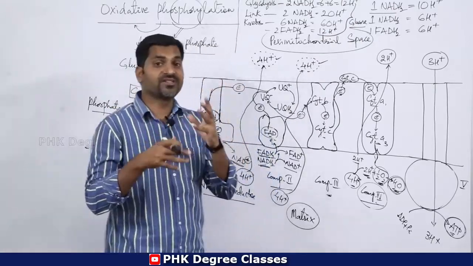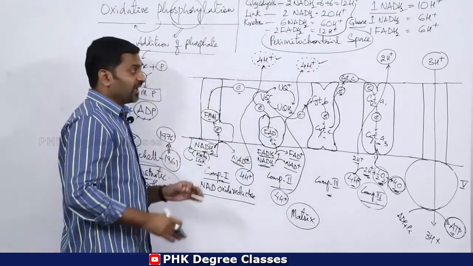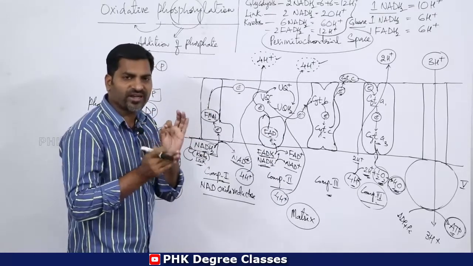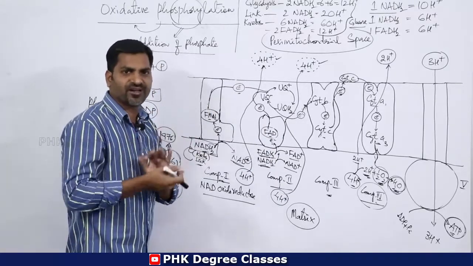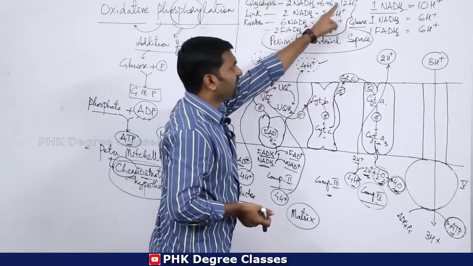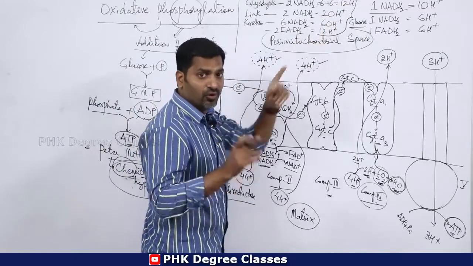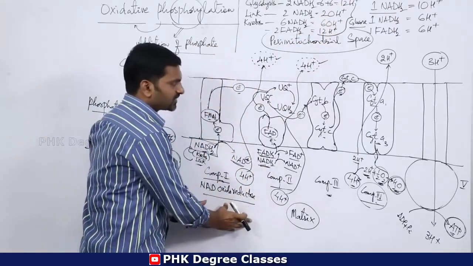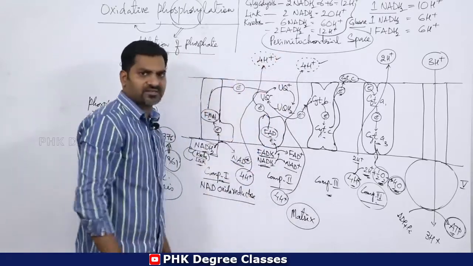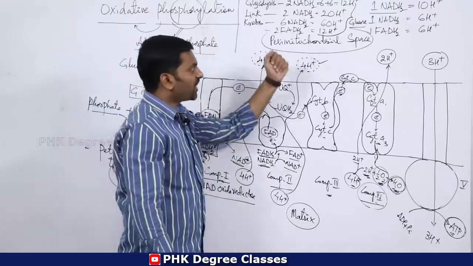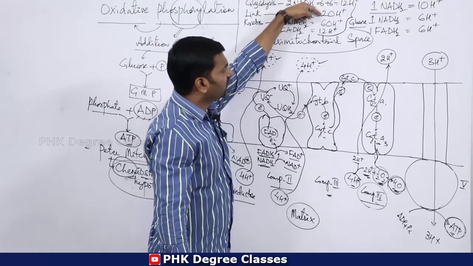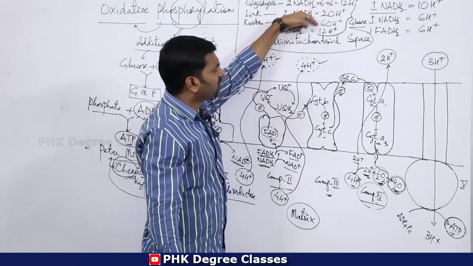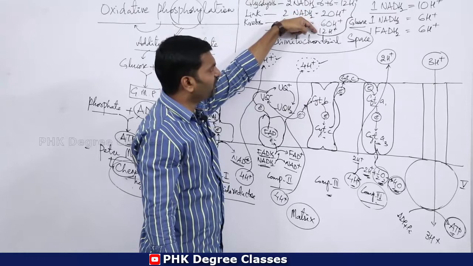Now just imagine if one glucose molecule enters into the aerobic respiratory mechanism. The total number of protons moved from the matrix to the perimitochondrial space: just count them: 12, 20, 32, then 92, 94, 104.